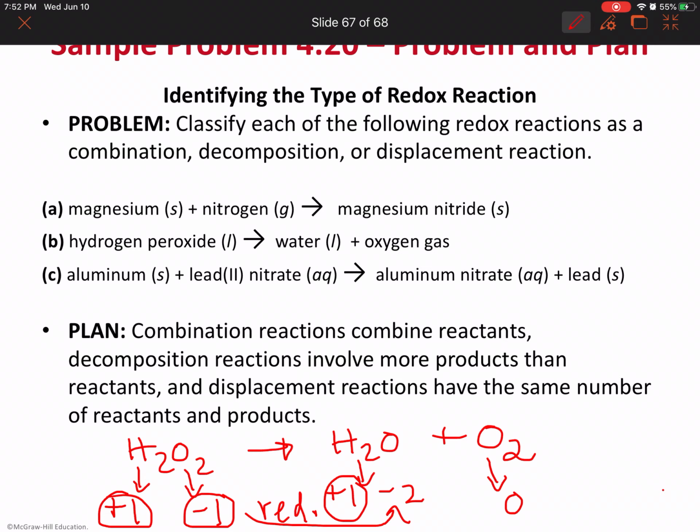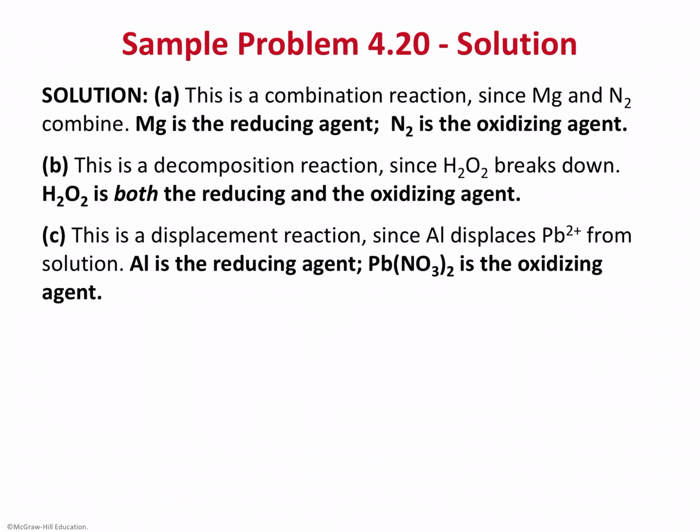And also oxygen becoming -1 becoming oxygen 0. So -1 becoming 0, oxidation number increases, that is an oxidation. So in hydrogen peroxide, oxygen both undergoes reduction and oxidation. Reducing agent as well as oxidizing agent is going to be H2O2.